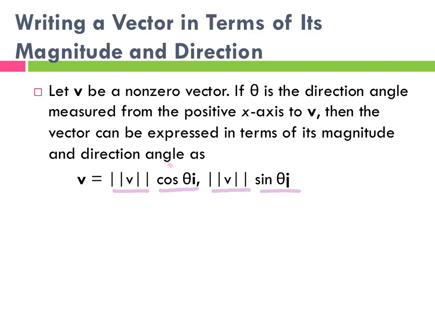So remember that cosine is our x and sine is our y, so this makes sense. I want to just do the magnitude times the cosine, magnitude times the sine, and this is inputting it in terms of I and j at the end.